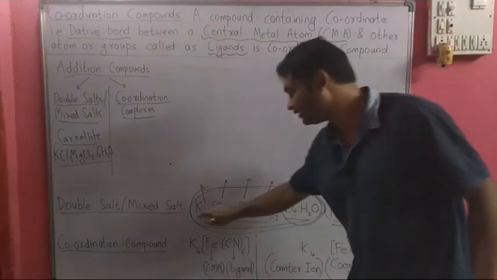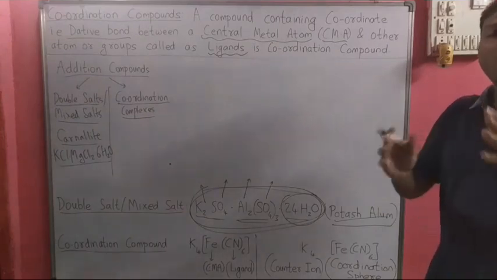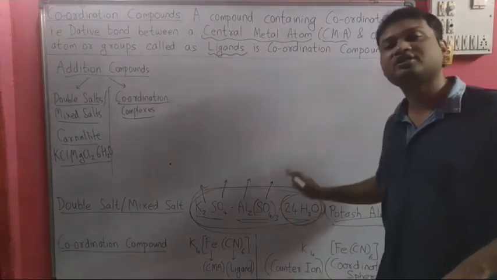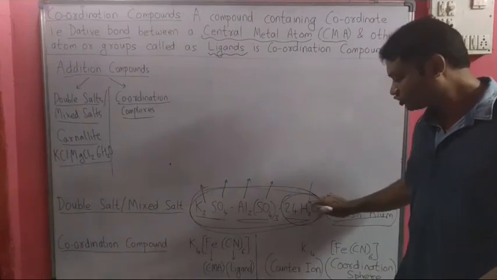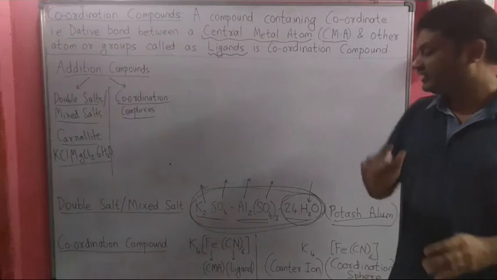When we mix two salts, K2SO4 and Al2(SO4)3, then on crystallization, when the crystal structure is formed, the H2O molecules are interspaced in that crystal.